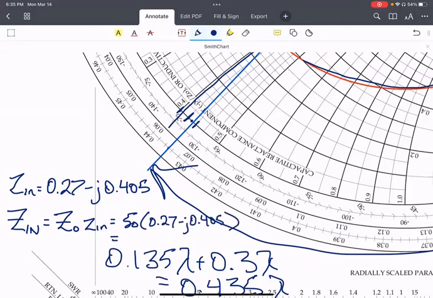If someone can punch that in, that would be good. 50 times 0.27. Okay, 22.5? 20.25? And it would be in ohms.